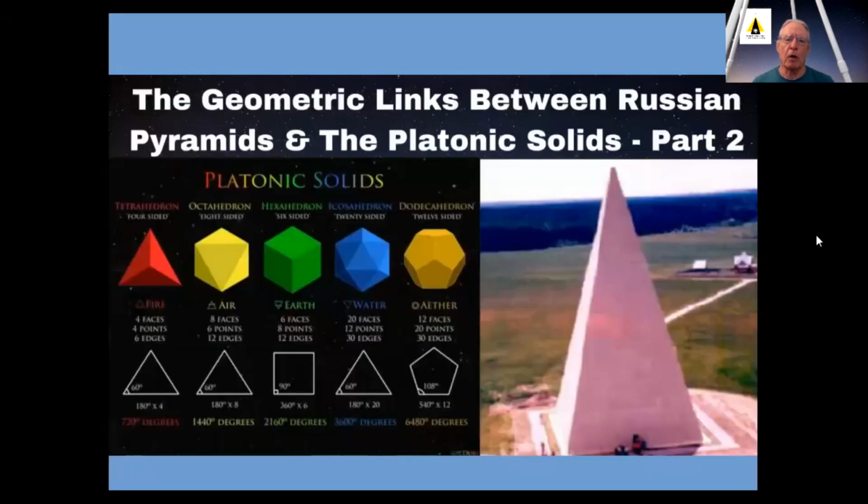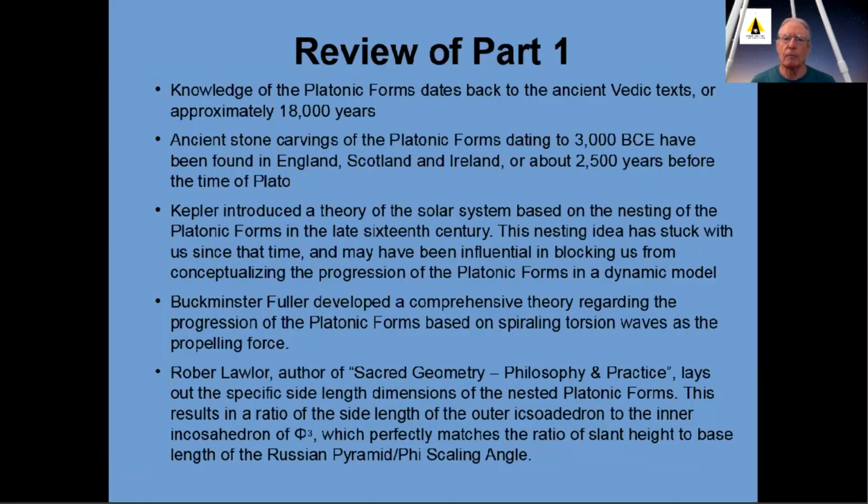This again is part two of the geometric links between the Russian pyramids and the Platonic solids. Since it's been a while, I wanted to review for a little bit the information that we discussed in part one. For those of you who want to go back or who haven't seen this before, I would recommend going back to part one for more information. But in summary, we found out that the knowledge of the Platonic forms dates back to the ancient Vedic texts at least 18,000 years ago.